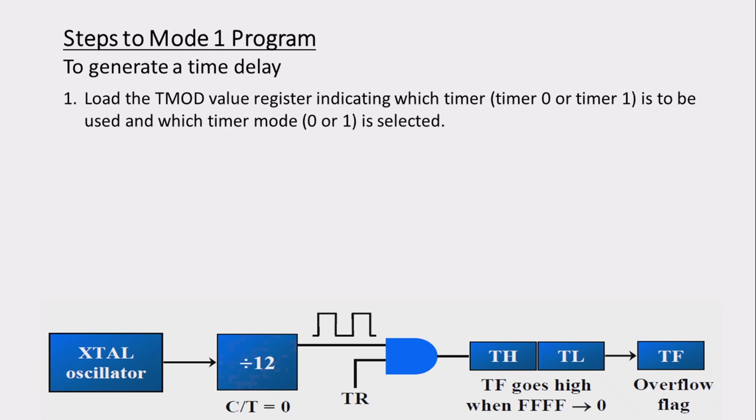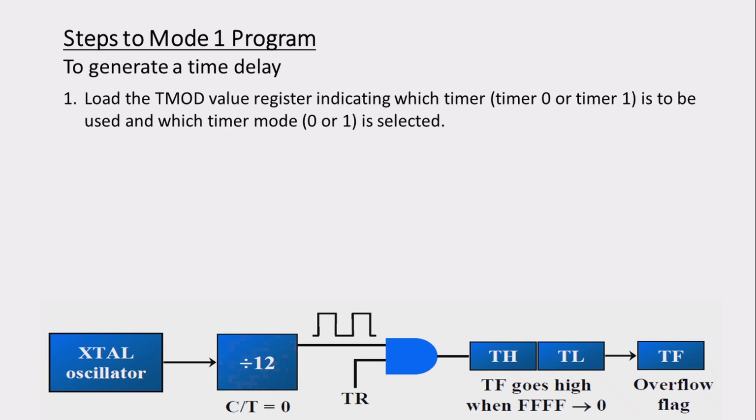In order to select these timers, I'll be using my TMOD register. As we had seen in the TMOD register, we are having GATE, and then C/T-bar, and then different modes. Based on those values, I need to select which timer should be selected.